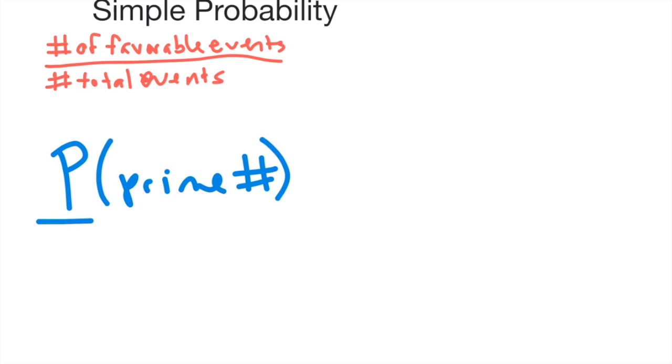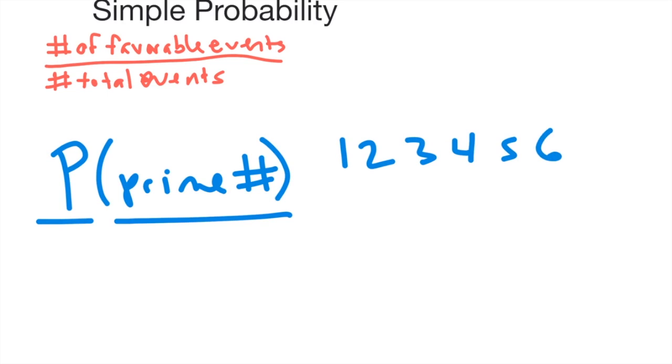So P stands for probability, and the probability of whatever we have in the parentheses. So I want the probability of finding a prime number if I roll a die. If I roll a die, the outcomes are 1, 2, 3, 4, 5, 6. And the prime numbers are 2, 3, and 5. 1 is not a prime number.